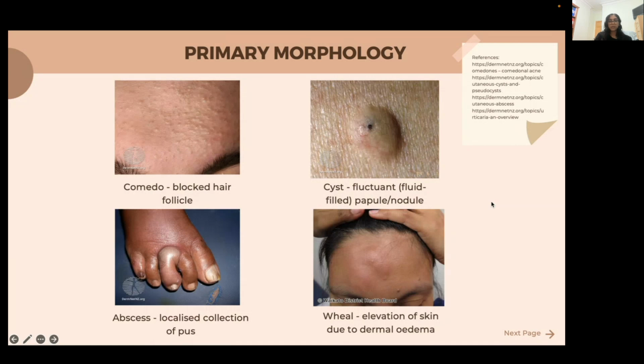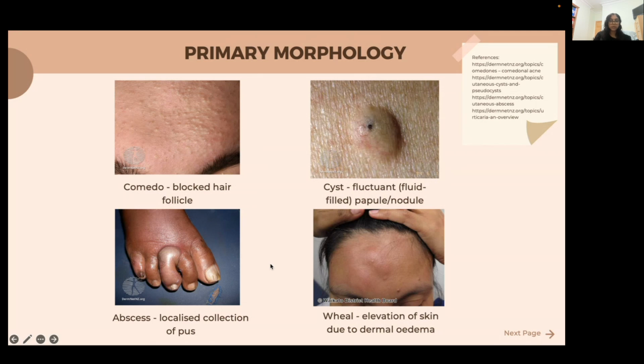Okay, and then a few others. So a comedo. So this is a blocked hair follicle. So there's no fluid as such in it, but it is palpable. Then a cyst. So a cyst is fluctuant. So if you palpate it, you'll be able to move it around. And this is fluid filled.